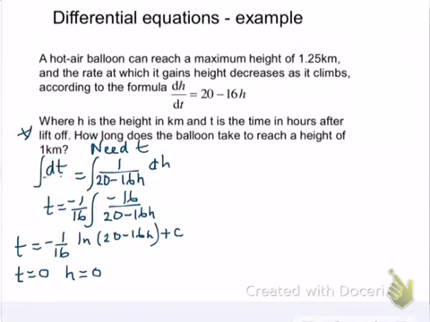Therefore, 0 is equal to minus 1/16 ln 20 plus c, which makes my c equal to 1/16 ln 20.